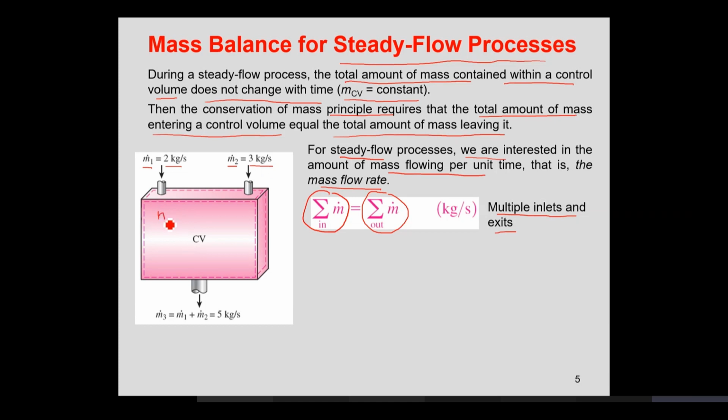If the mass of the control volume is not changing with regards to time, that means whatever is coming into the system at whatever rate, it should exit the control volume at the same rate. So the total mass flow rate at the outlet would essentially be mass flow rate 1 plus mass flow rate 2, which is equal to 5 kg per second. Is this clear to you?